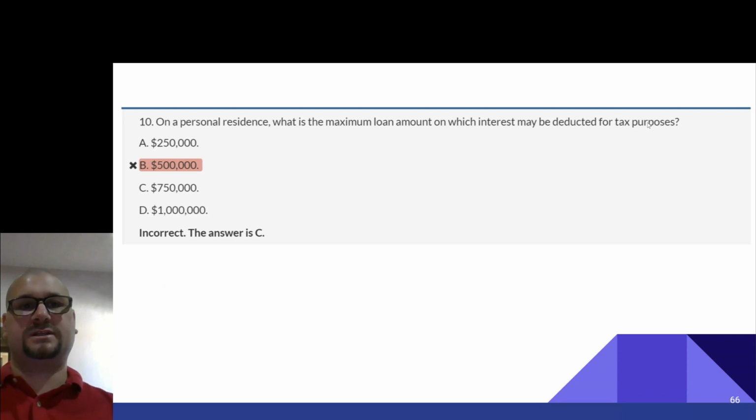On a personal residence, what is the maximum loan amount on which interest may be deducted for tax purposes?